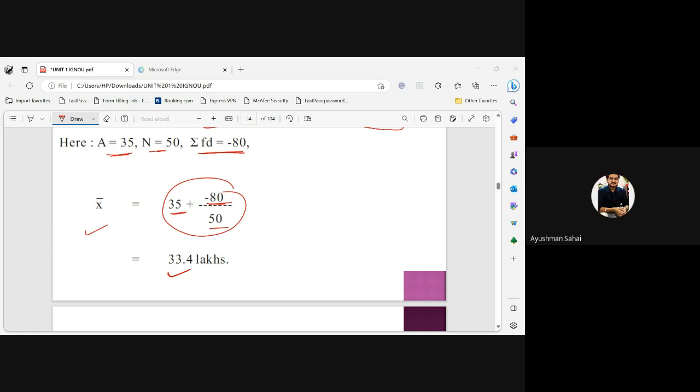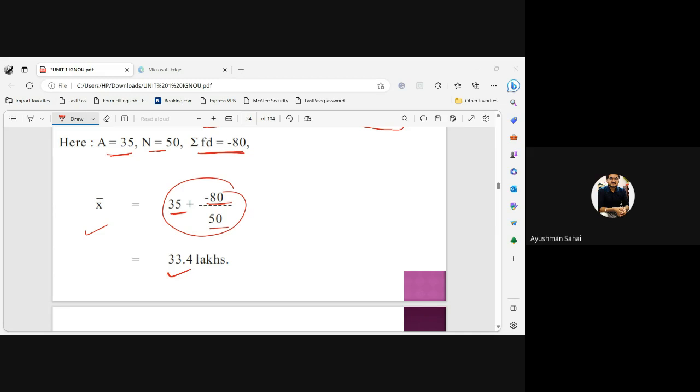Ma'am, in large data, we can have an upper limit and lower limit, right? And your example consists of seven digits, I guess. Can you scroll up the screen a little bit? So we assumed the mid number, that is 35, as the assumed mean, right?